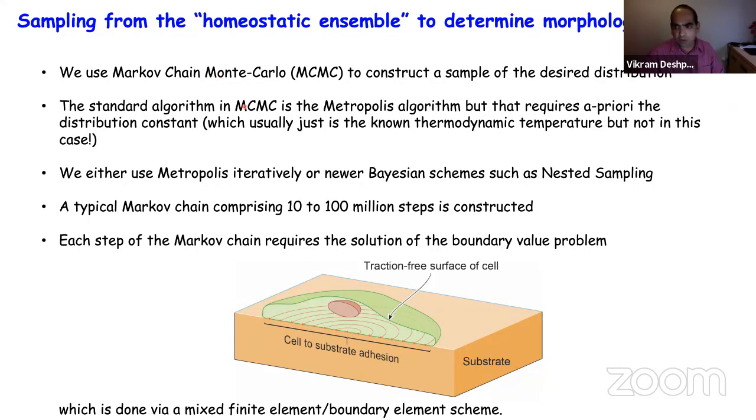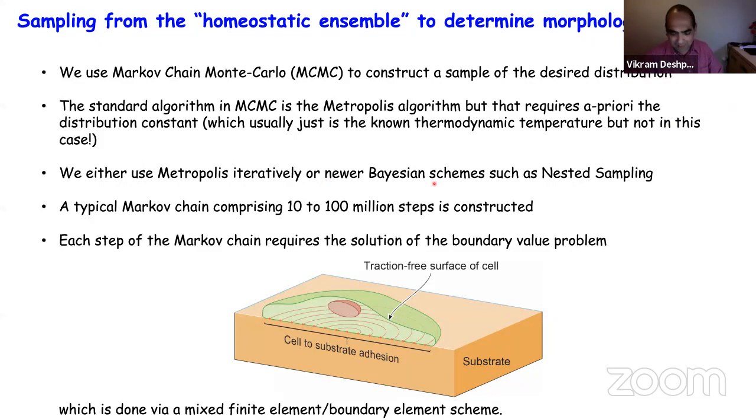This is well known in statistical mechanics, but we can't use those techniques directly, because in normal statistical mechanics you know the thermodynamic temperature. Here we don't know the thermodynamic temperature, rather we know the constraint. So we can't use normal Metropolis algorithms in an easy way, so we use some Bayesian schemes.